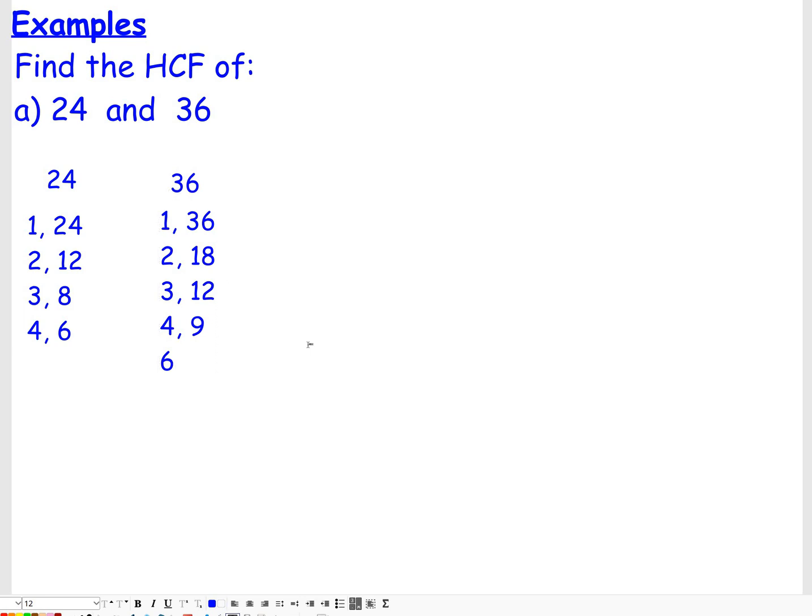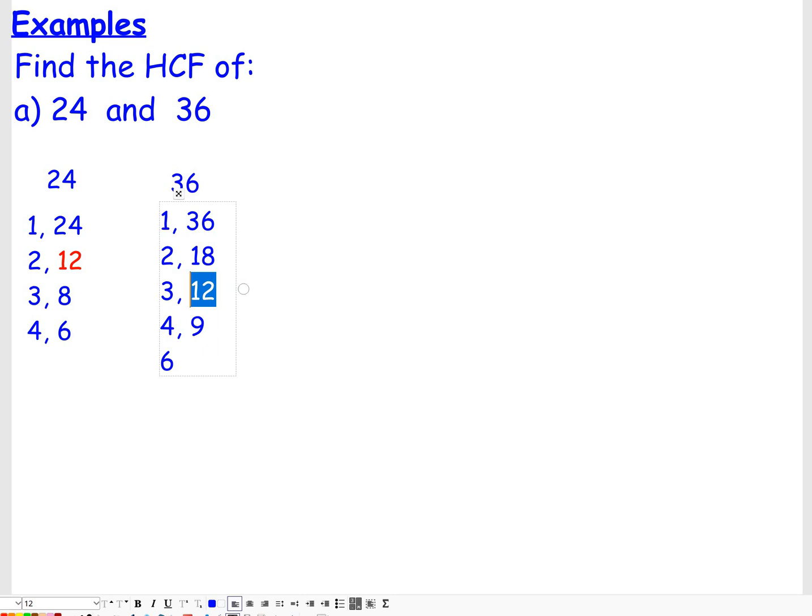Well, if we look at our list, we can see there are a few numbers which are common. 1 is in both, 2 is in both, 3 is in both, 4 is in both, 6 is in both, and 12 is in both. Well, HCF, we're looking for the highest common factor, so the highest number that appears in both of these lists is 12.